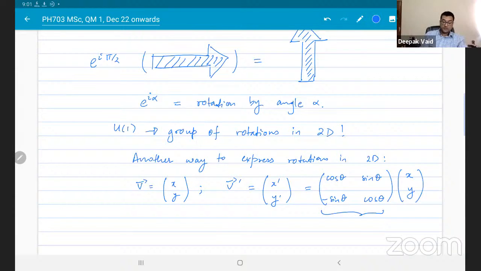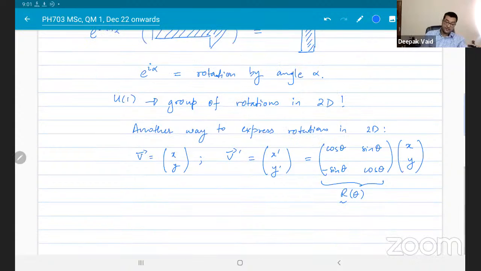So I will call this R(theta), and it's a matrix. Now, if I take two rotations, one by theta and another by theta prime, and I multiply both of these together, what do I get?